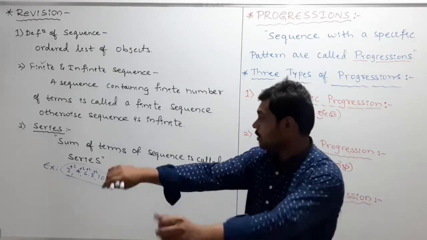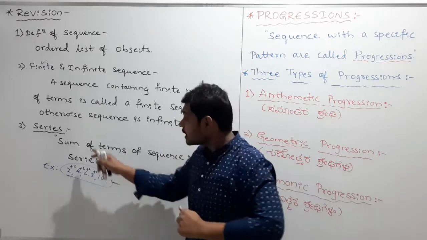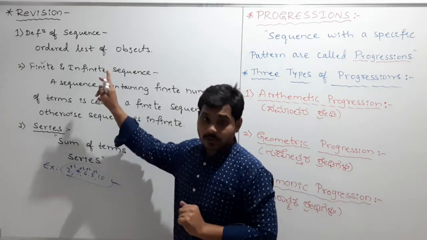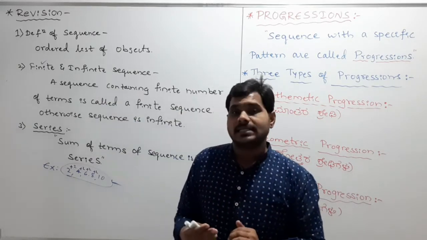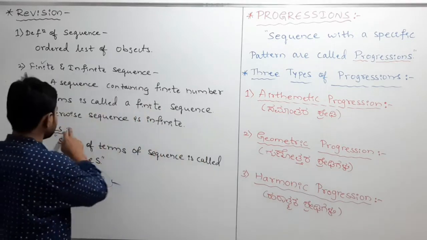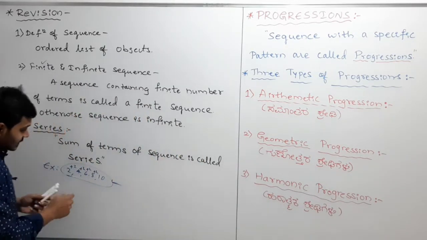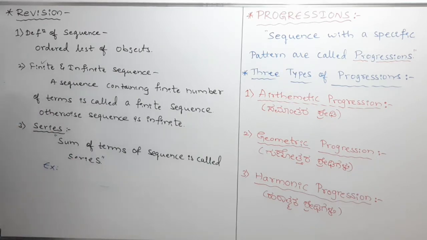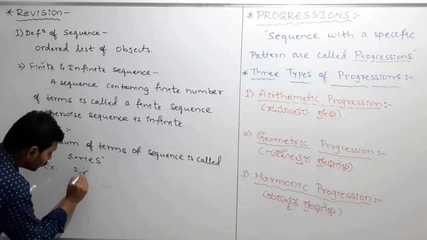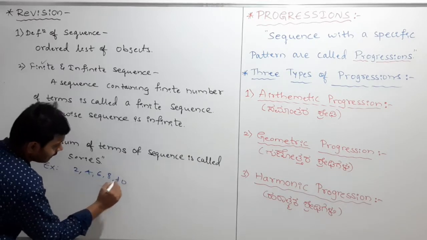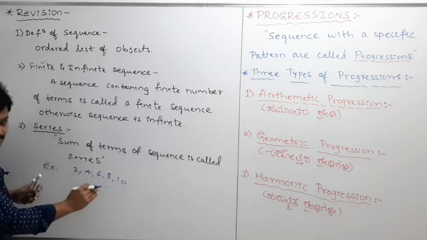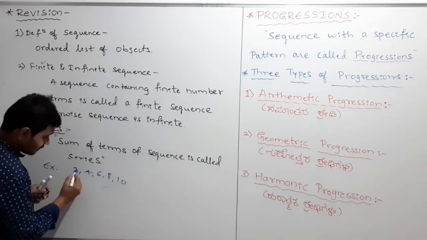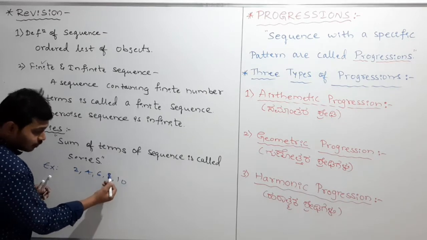Am I clear? Now you can observe 2, 4, 6, 8, 10. This is a sequence. If I want to write the series, as I told you, the series means the sum of terms of the sequence. Whatever elements are in this sequence, we call them terms of the sequence: first term, second term, third term, fourth term, fifth term.